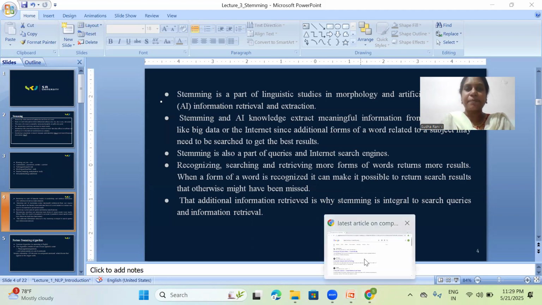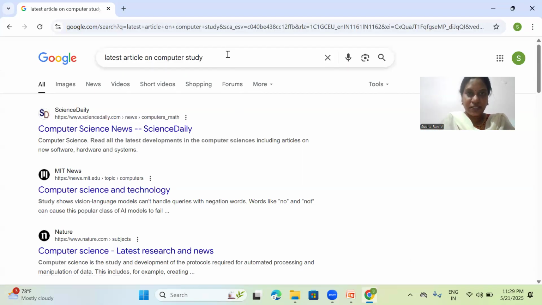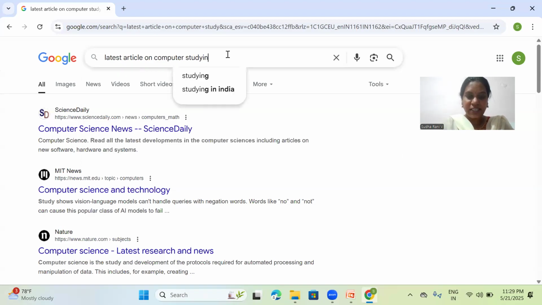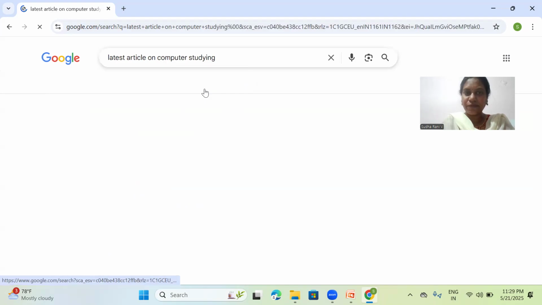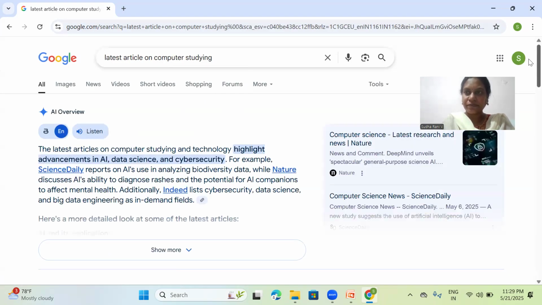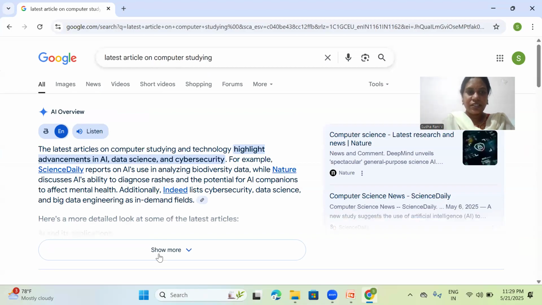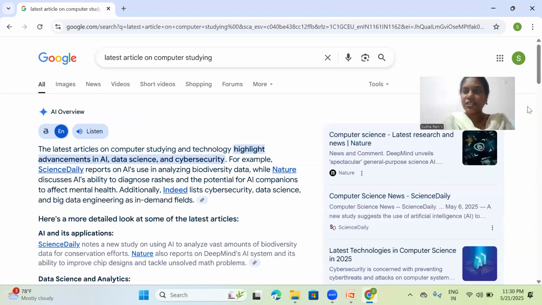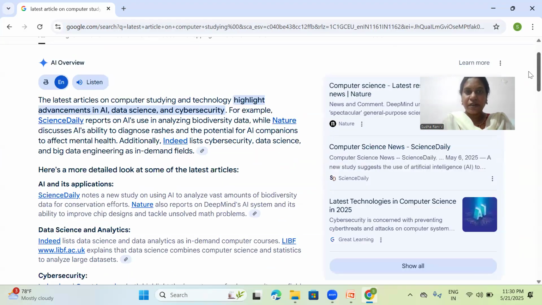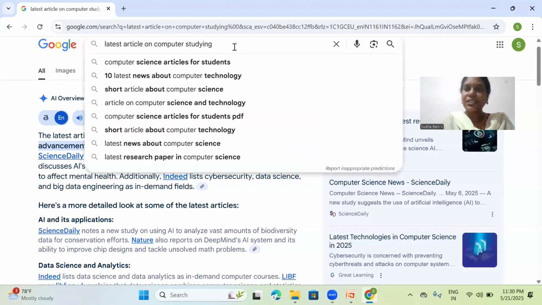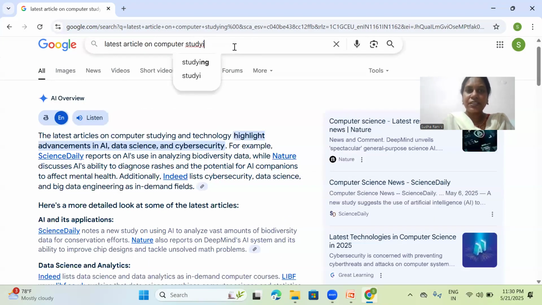We can see here, again I'm typing studying, which is the stem word. We got generalized information, because we are giving the stem word, where the searching will be complicated and exact results may not be given.